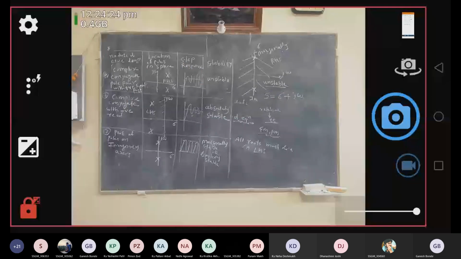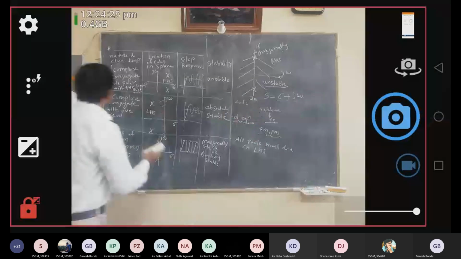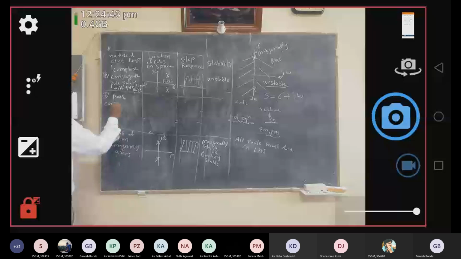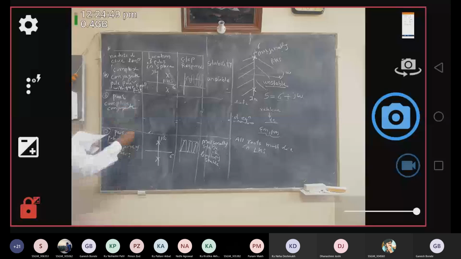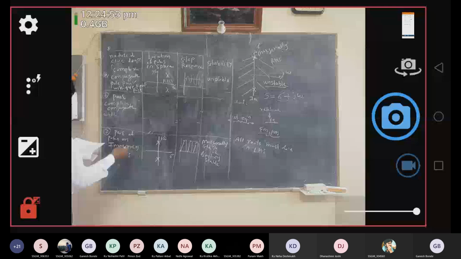Okay. Then the last case, that is a repeated pair of complex conjugate roots on the imaginary axis.